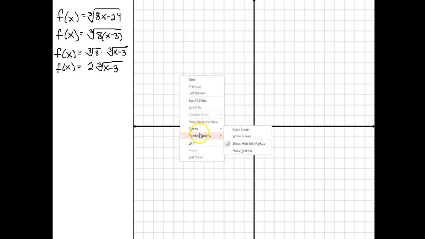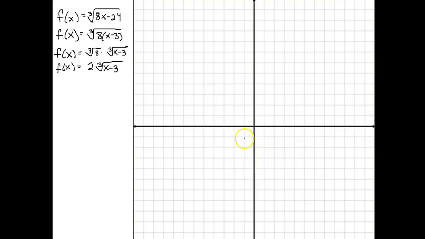So let me change colors here and let's step through how the shifting would look. All right, starting with blue. F of x equals cube root of x. You have 0, 0. Cube root of 1 is 1.